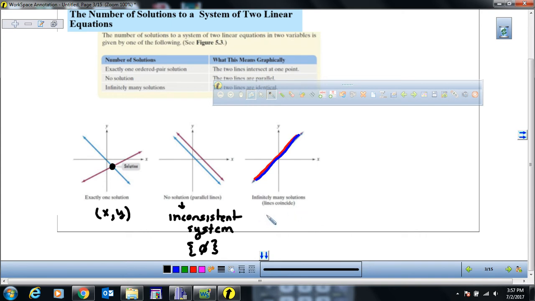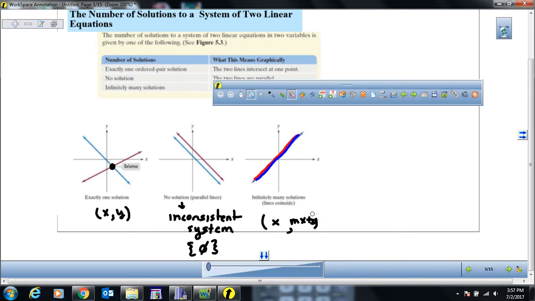When the solution is infinitely many solutions, we still write the solution as an ordered pair, but we write it in the form of an equation, which is the most usual way of writing the solution.